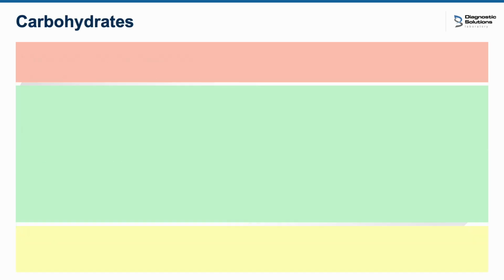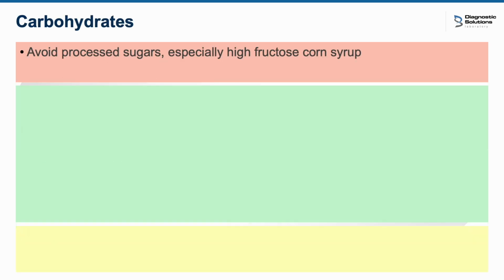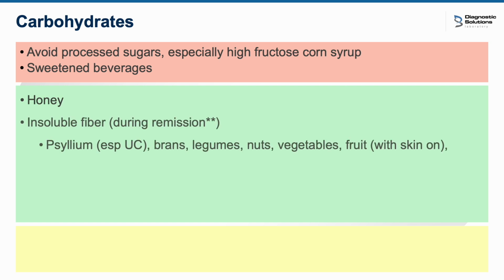Carbohydrates. What we want to limit is processed sugars, especially high fructose corn syrup rich foods. We want to completely avoid any sweetened beverages, including juices. And I don't mean freshly juiced fruits and vegetables, but commercially available juices. What we can have is honey, and insoluble fiber during remission. Insoluble fiber may be exacerbating flares.